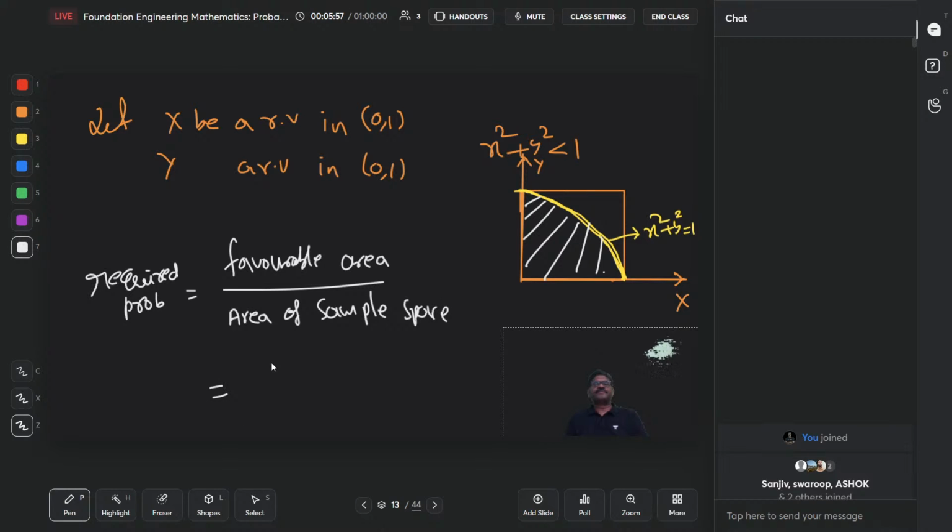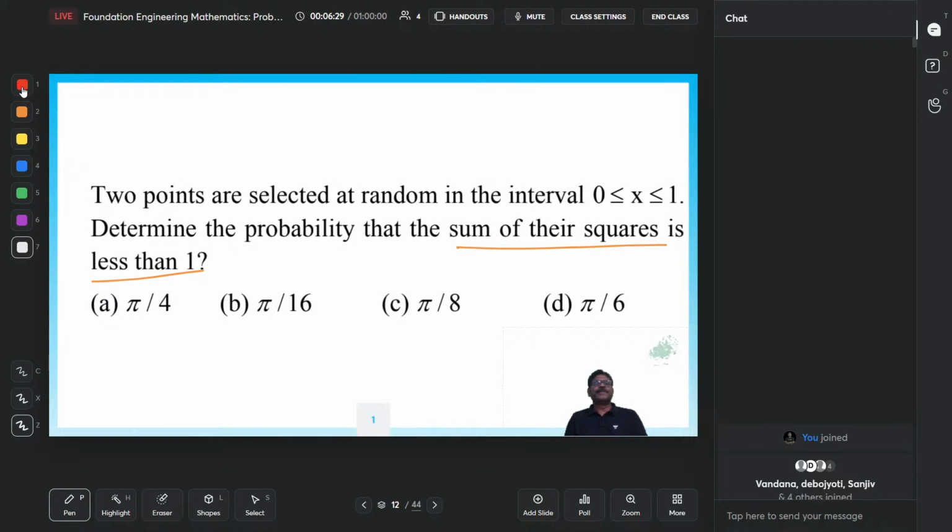That is pi into 1 square is the area of the circle. It is only 1/4 of the circle, by the total area of the square, 1 into 1, because x varies from 0 to 1, y varies from 0 to 1, a complete square. So the area of the square is 1 square unit and the area of the favorable region is pi by 4. Therefore the final answer is pi by 4.